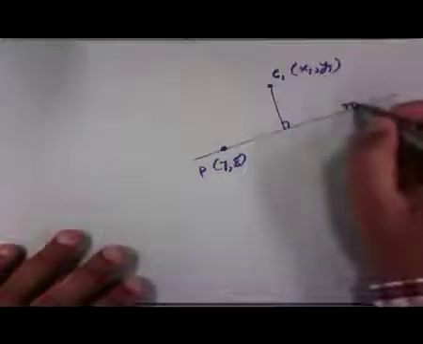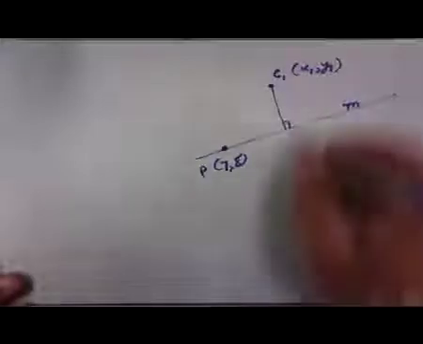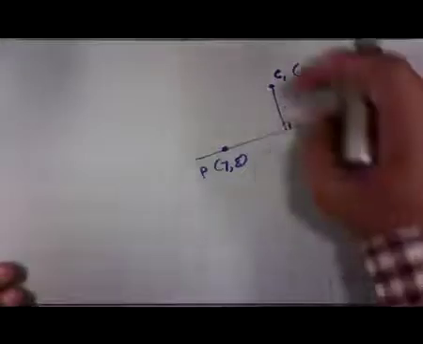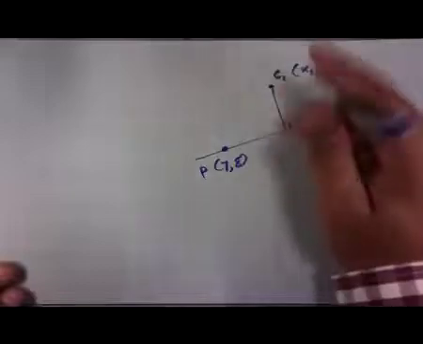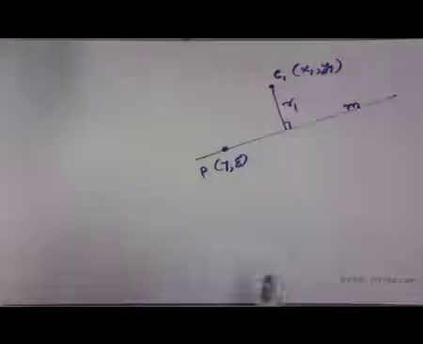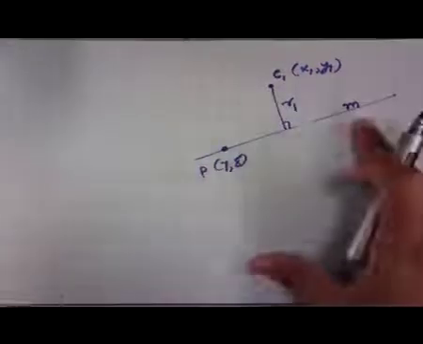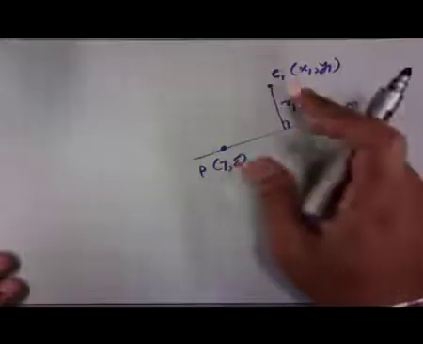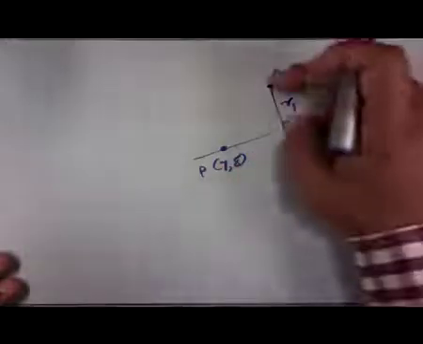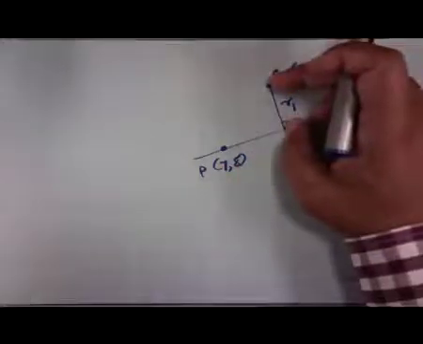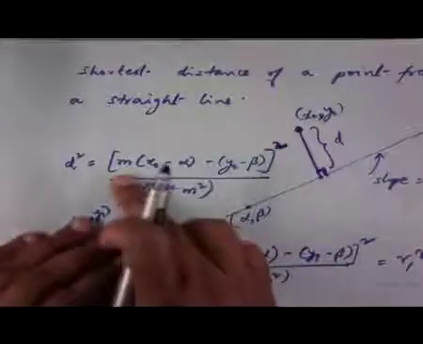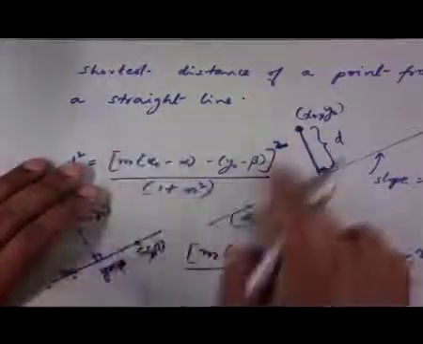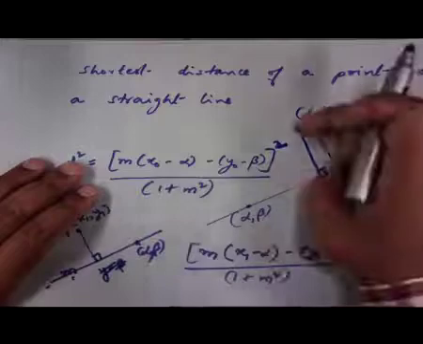This transverse common tangent has a slope m, and therefore this minimum distance must be r1, because otherwise this line will not be the transverse common tangent to the first circle.